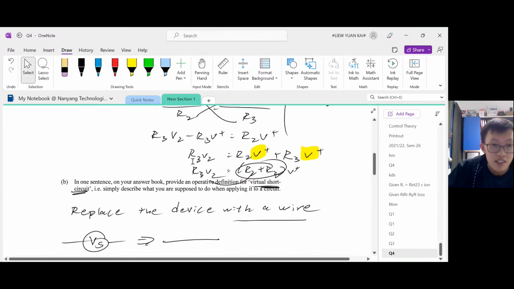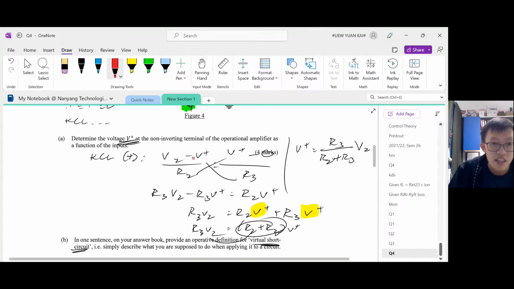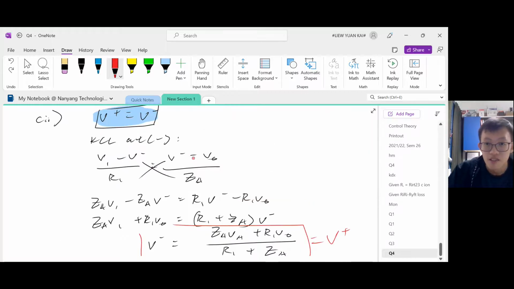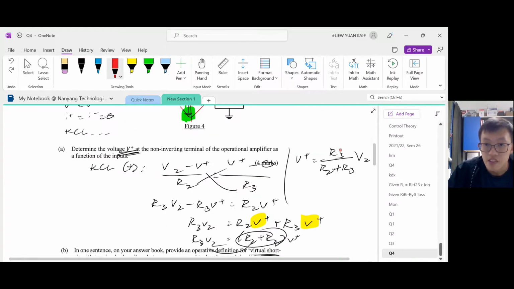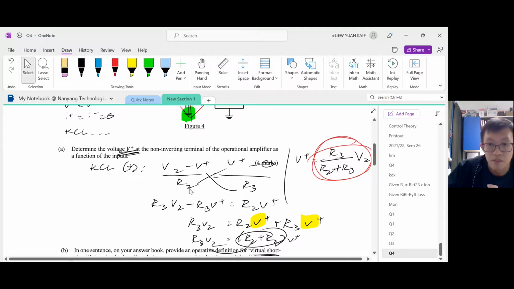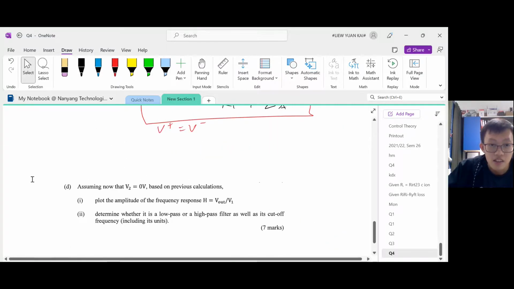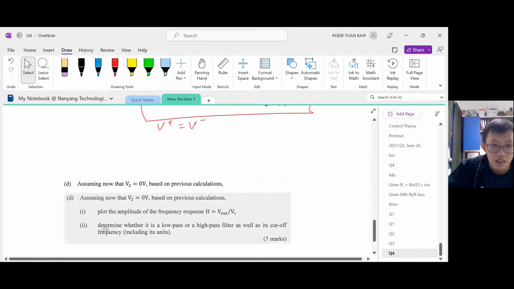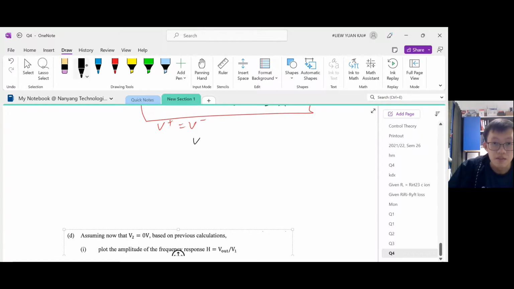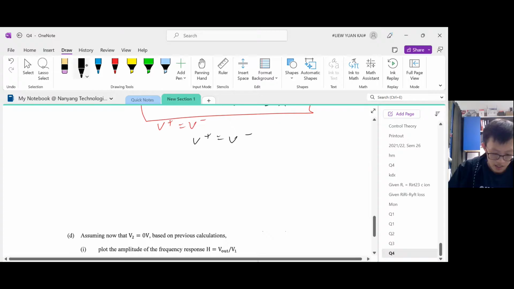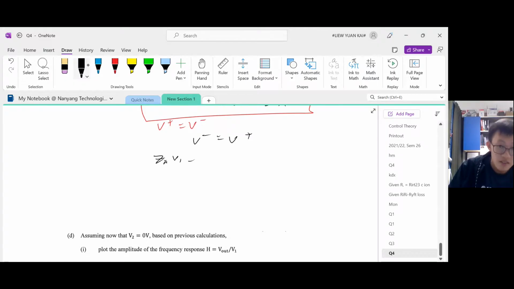Remember in the very first question, they asked us to determine V plus. So we are going to equate this with our V minus. Let me start with V plus is equal to V minus. Let me check my working. Let's just do it the other way around first because that's how I did it. V minus equals V plus. So V minus is this, what we got earlier.